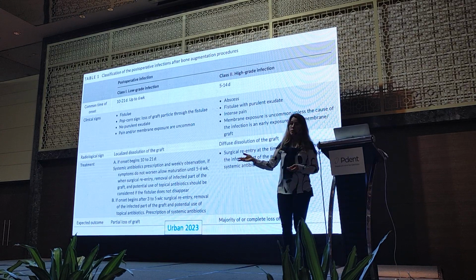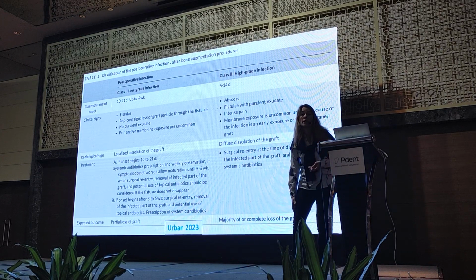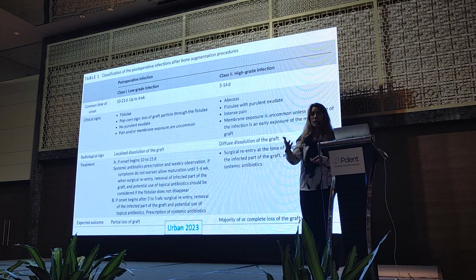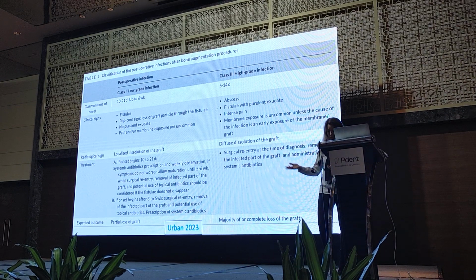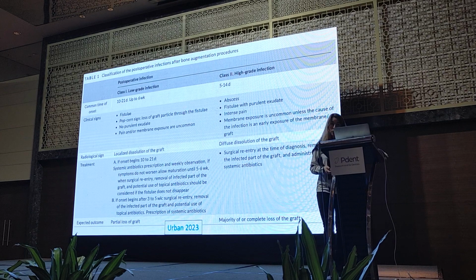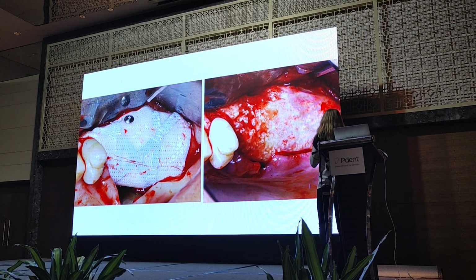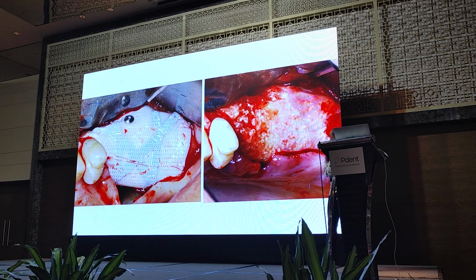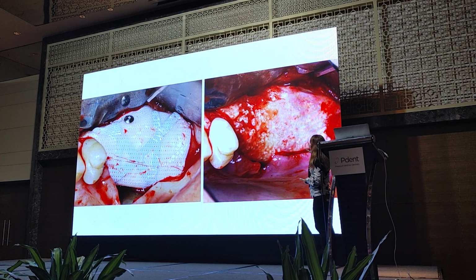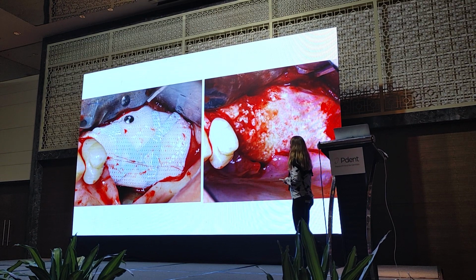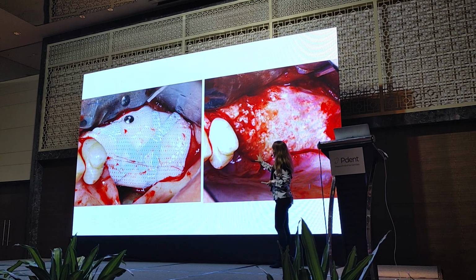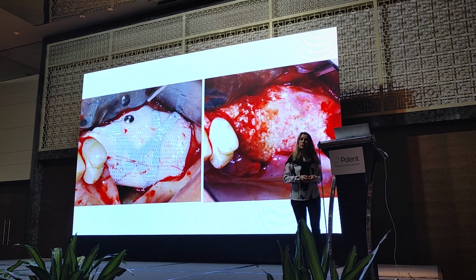So the protocol is to remove the membrane 6 weeks after the surgery. But for this patient, we are still 2 and a half months after, so you can remove it. It's okay. So we take it out, and you can see that the graft is not the same everywhere. This is a good graft, healthy, seems to be healthy, and there it doesn't look good.